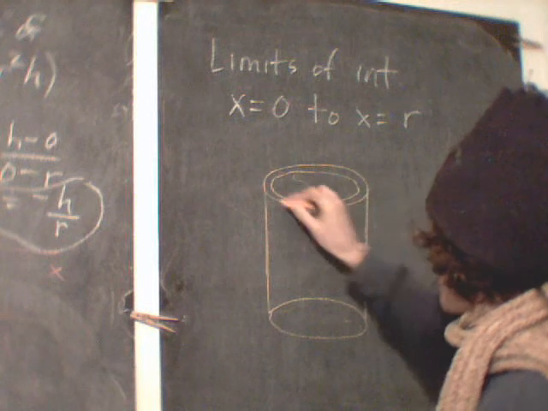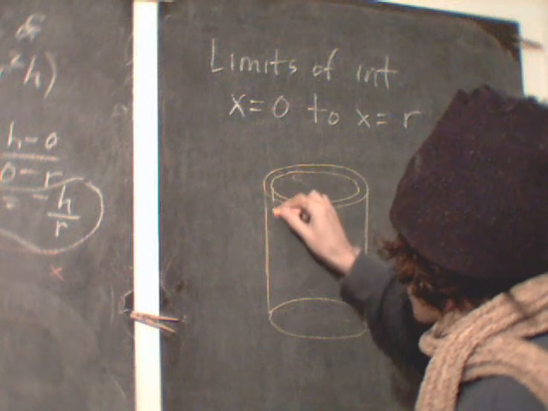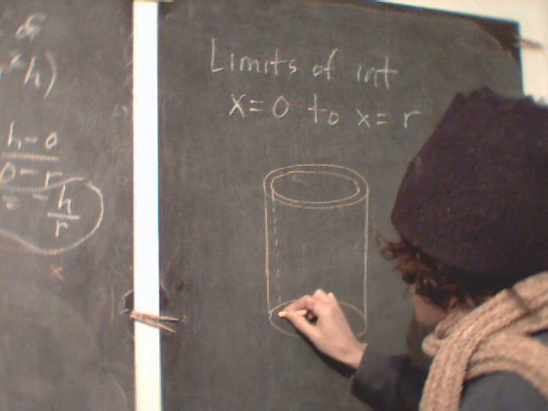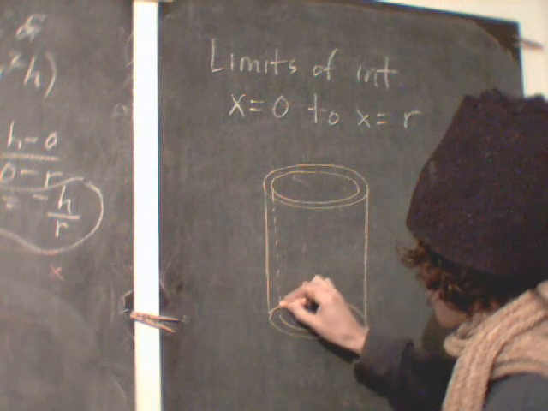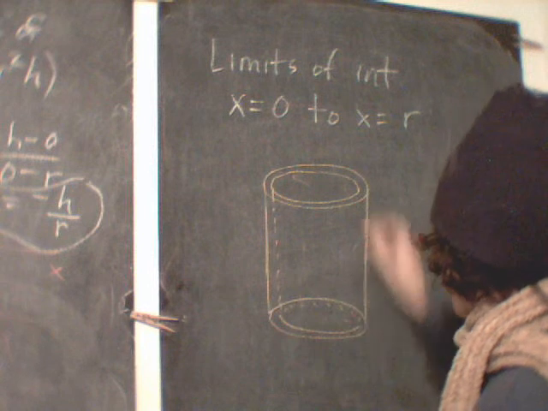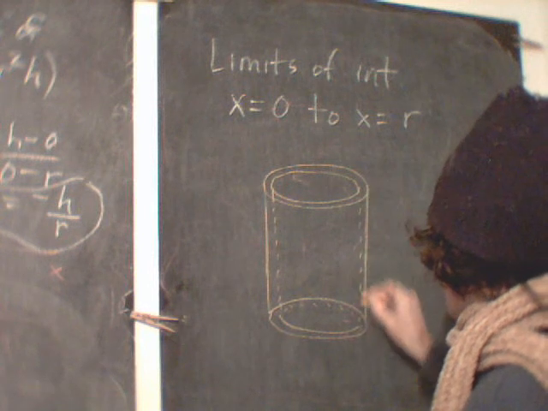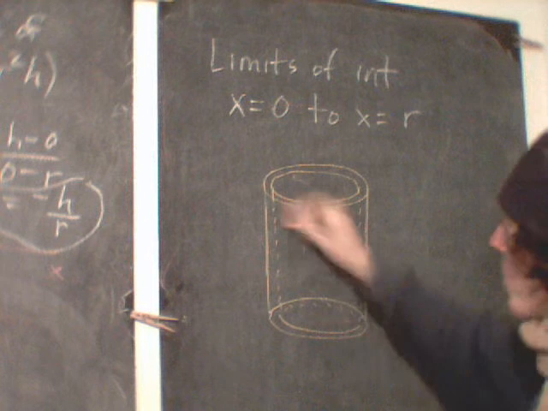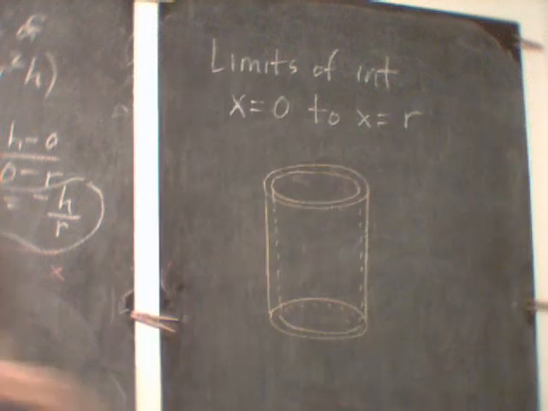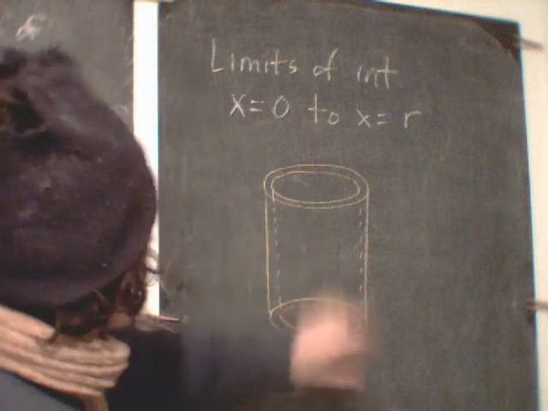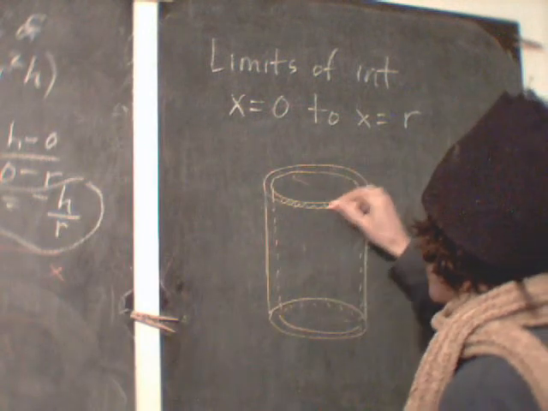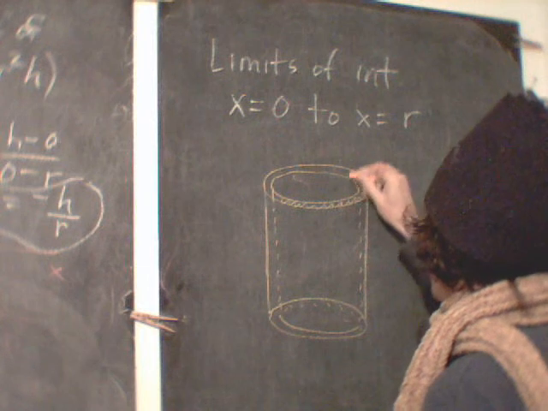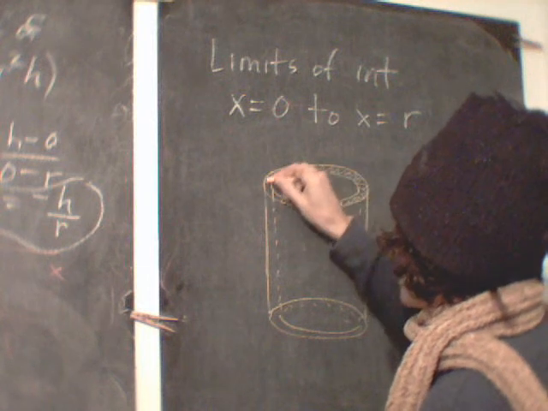That's why they call it a shell, because it's a very thin cylinder. It's not a solid, it just has a very small thickness, and everything else is hollow, you see.